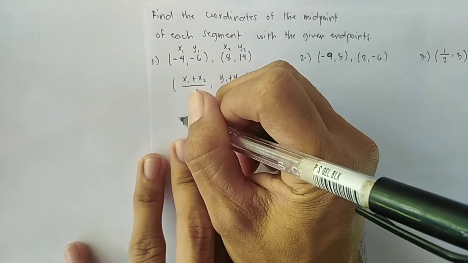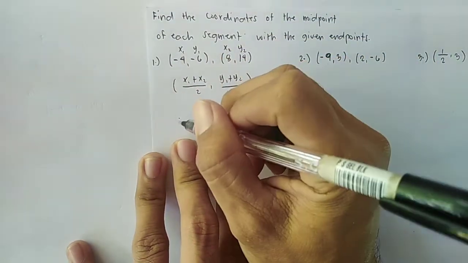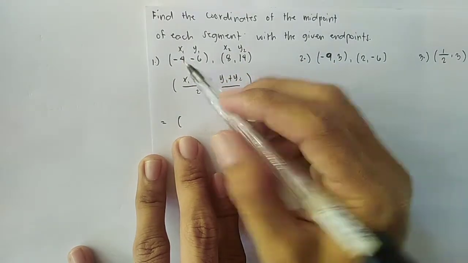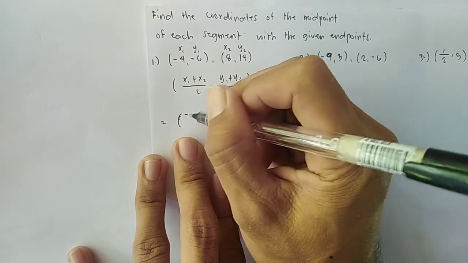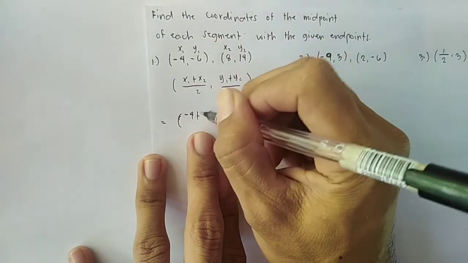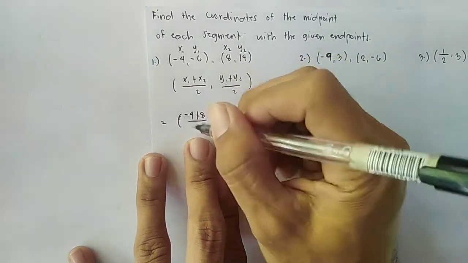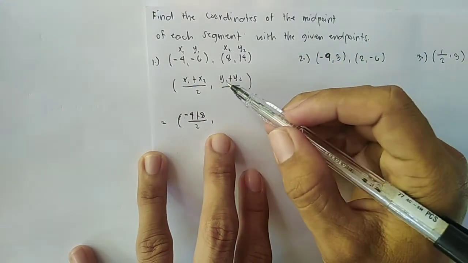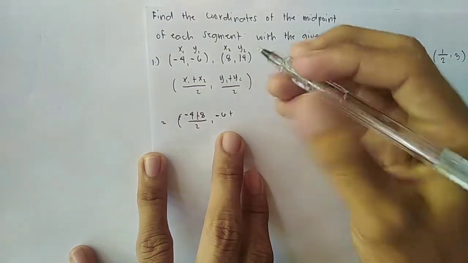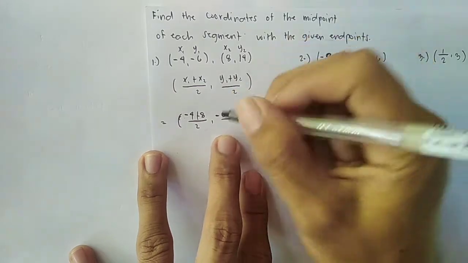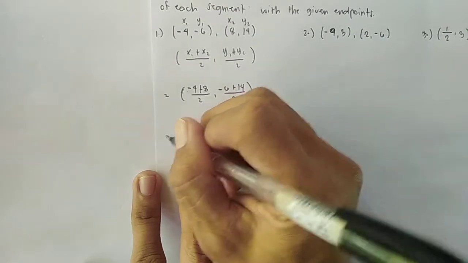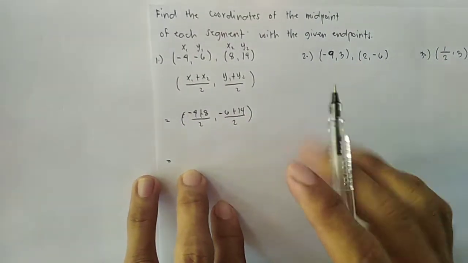The midpoint is equal to: x sub 1 is -4, plus x sub 2 which is 8, over 2, comma, y sub 1 is -6, plus y sub 2 which is 14, over 2. This is the form after substituting all the given values from the 2 endpoints.